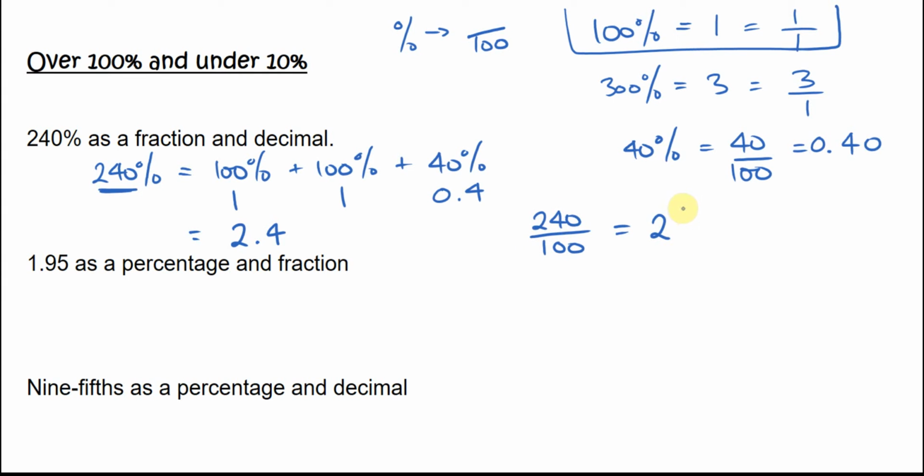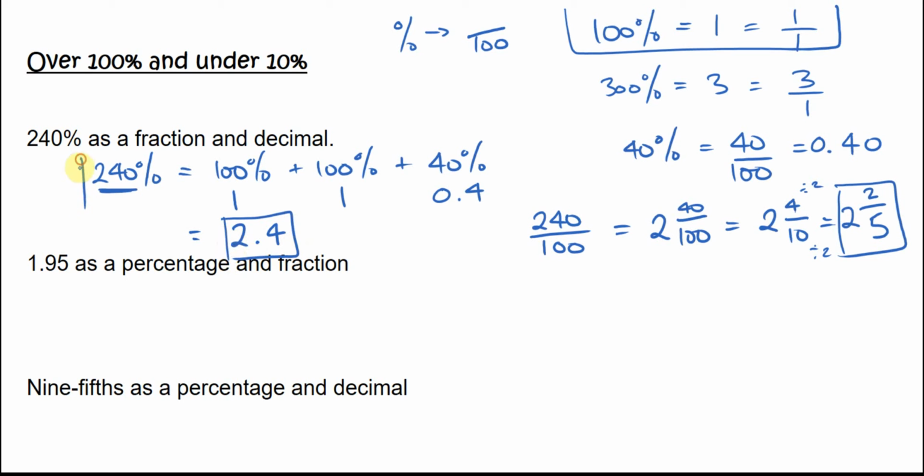So we could write that as 2 and 40 hundredths, which is also the same as 2 and 4 tenths. And then we could even go as far as simplifying the 4 tenths: we divide that by 2, divide that by 2, we get 2 and 2/5. So fraction, decimal, and percentage.